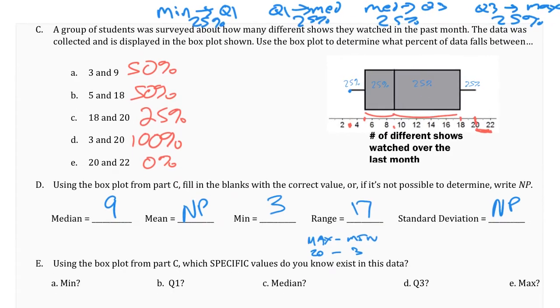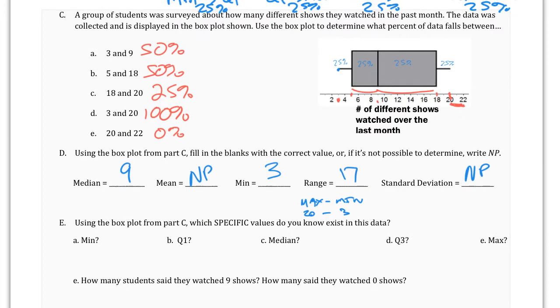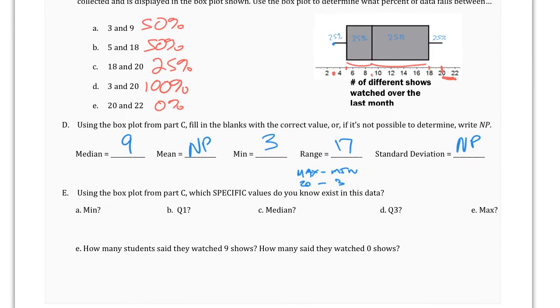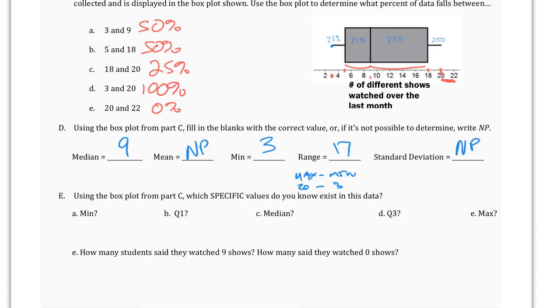And in part E, still using the box and whisker plot, we have some questions to answer. The first one is, what specific values do you know are in the data? The minimum. Essentially, that's saying, is there a student who watched 3 different shows over the last month? And because that's the minimum, we know that's yes. That's the minimum value of this data set.